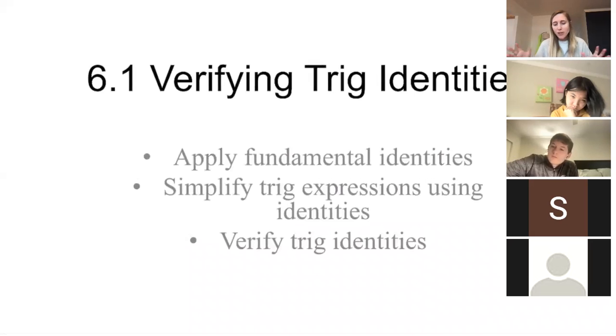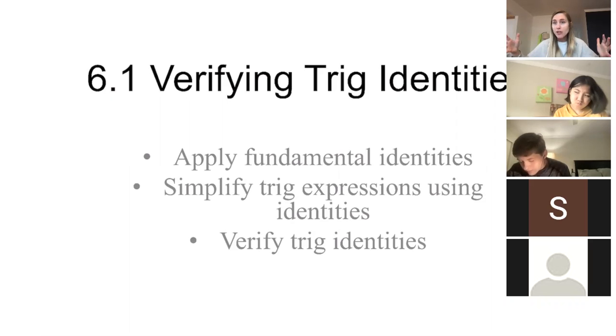So verifying trig identities, section 6.1. We're going to go through some of the fundamental identities, and we're going to talk about what an identity is. And then we're going to use some of these fundamental identities, which you are already familiar with, some of them, in order to simplify trig expressions.